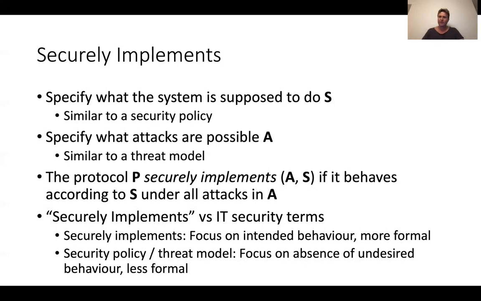So you always talk about security as a relation between two things, the protocol and the specification. So you say a protocol securely implements the specification, okay? So just get used to that. Nothing is secure. Something can be secure relative to what you wanted it to do. And then, as I said, right, you first write down a specification in some kind of formalism.